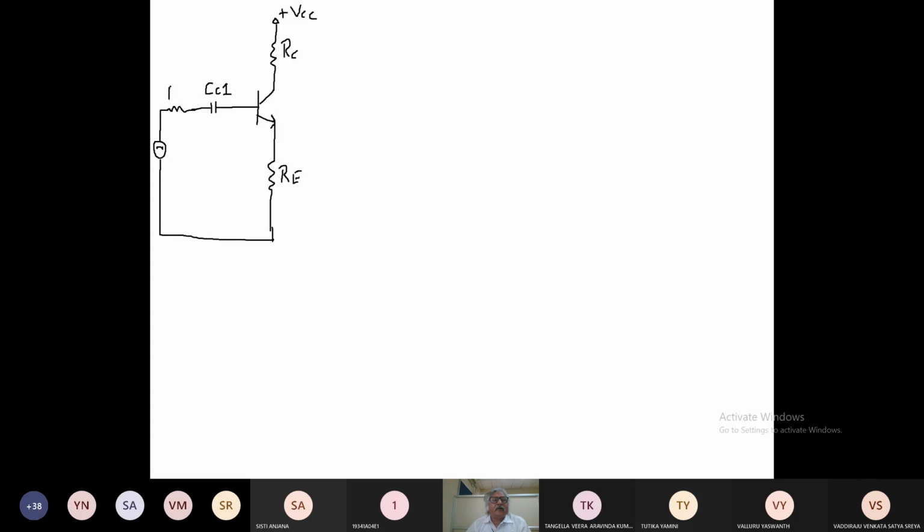The source resistance is RS, the voltage source which has to be amplified is Vs, and output we will take from here.